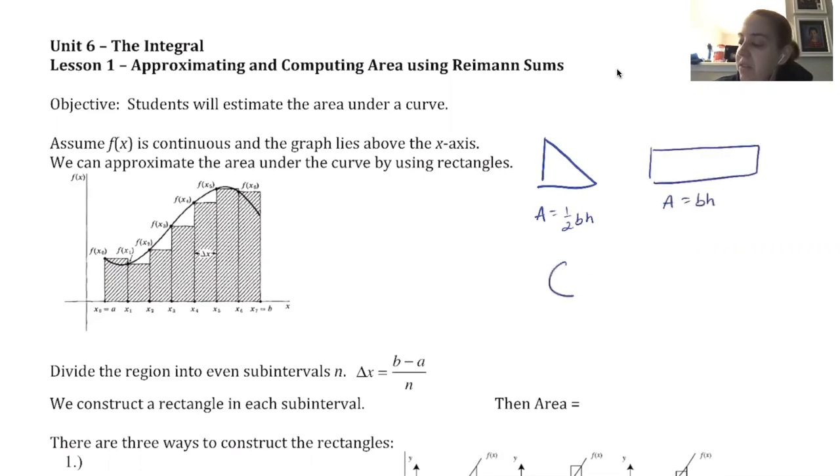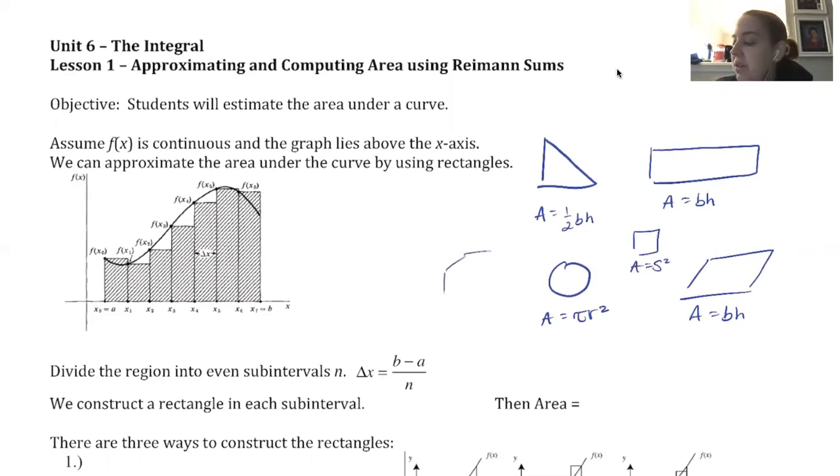And if you have a circle, the area is pi r squared. If you have a parallelogram, the area is base times height. You might not remember these things, but you could look them up. If you have a square, the area is side squared. So for all these geometric figures, you have a formula. And you could actually get into octagons and pentagons and hexagons, and the area was 1/2 the apothem, if you remember that, times the perimeter.